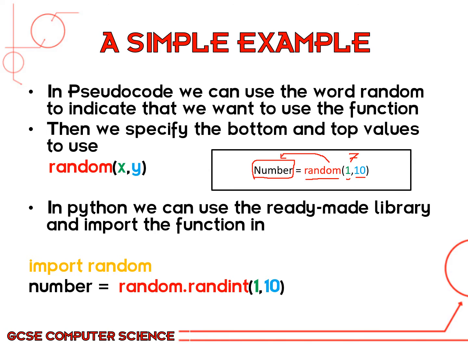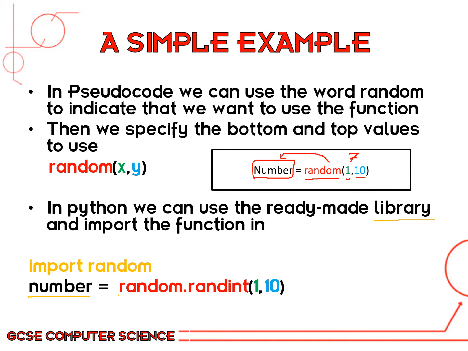In Python, which you're going to use a lot during your course, so everybody should have programmed in Python at some point, you can use a ready-made library. A library is something that we can import in, and it will have lots of ready-made functions that we can use. In this particular case, we're going to import random, and then for our variable number, we are going to set that as using this particular function that already exists.